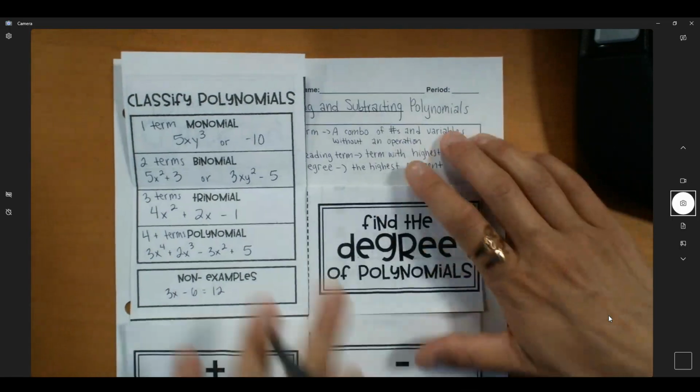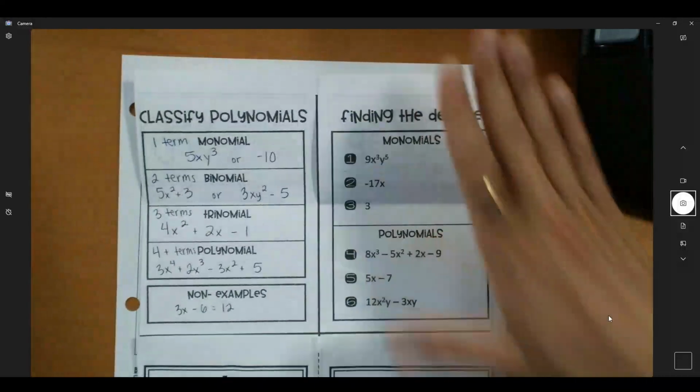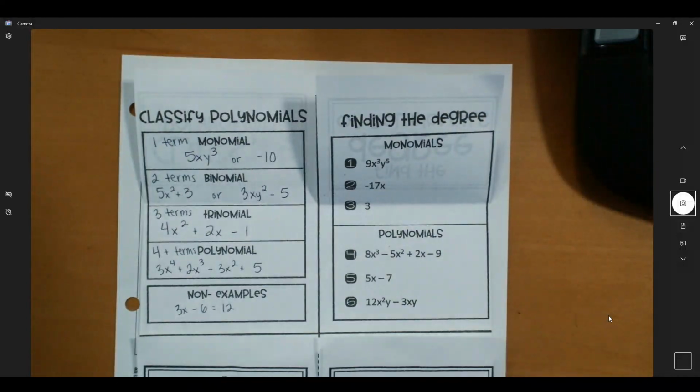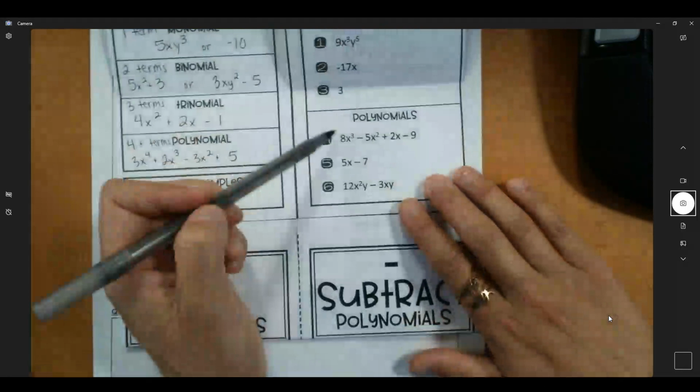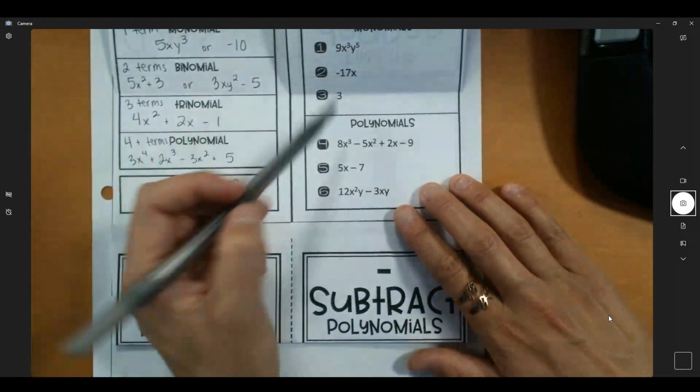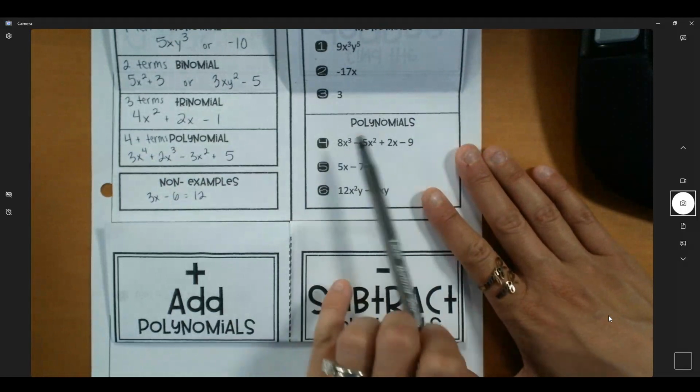All right, degree. So this goes with that leading term and degree thing. So when you're looking at it, you want to find the, okay, wait. So for monomials, actually, let's start with polynomials, and then I'll go back to monomials. So polynomials, you're looking for the one exponent that's the highest degree.